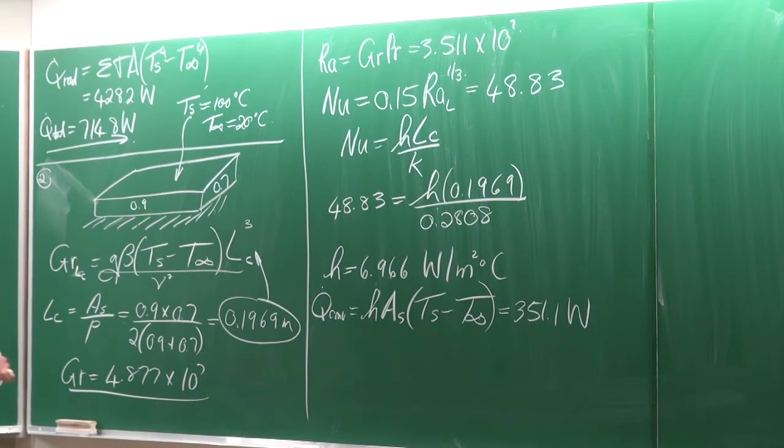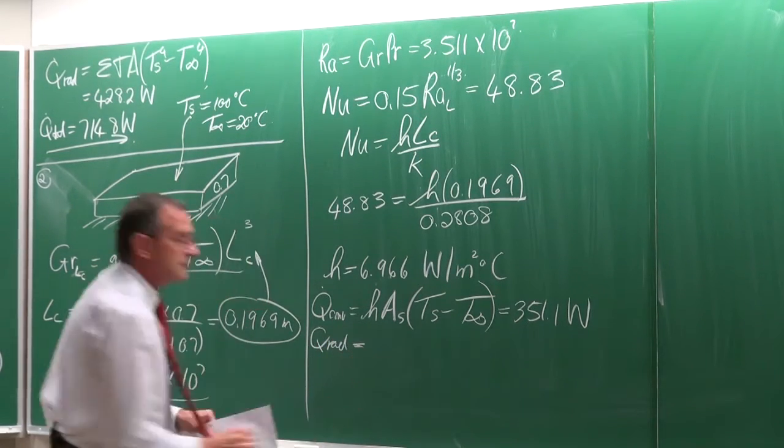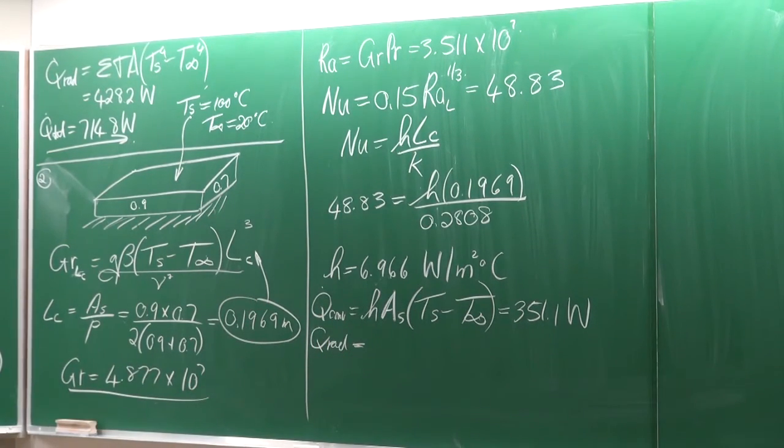Okay. The radiation heat transfer, cannot forget about it. That's not going to change because it's not being influenced by the heat transfer coefficient. It is only being influenced by the temperature difference if it's the same plate.